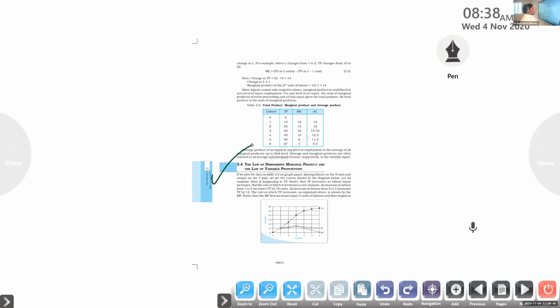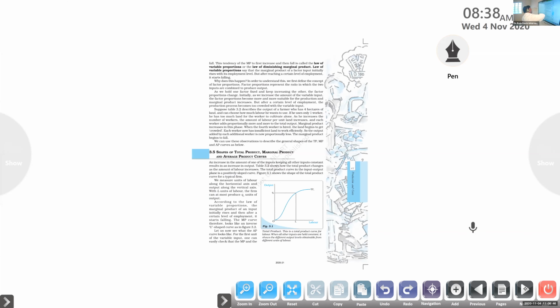So that law is termed the law of diminishing marginal product. We used two other terms for that: the law of variable proportions, or the law of diminishing marginal products.